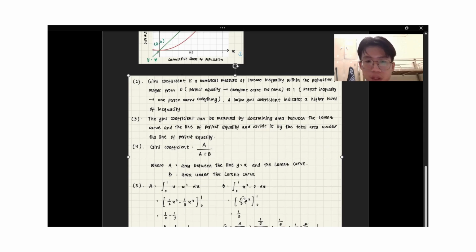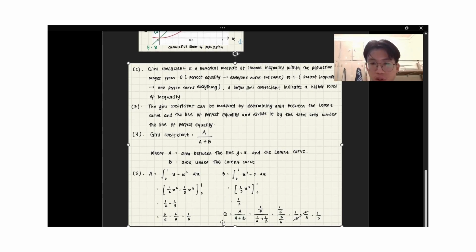Just the same, we calculate 1 over 3x to the power of 3, and then we change the x into 1, so it becomes 1 over 3, and 0 if we put it inside is 0, so we no need to calculate it.